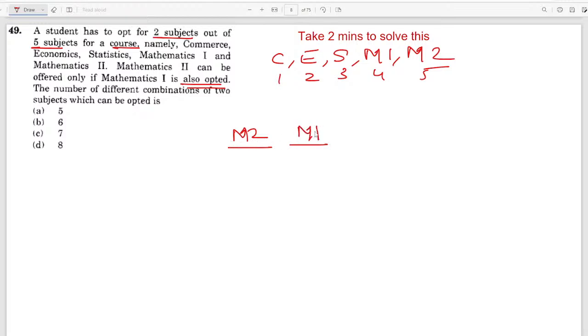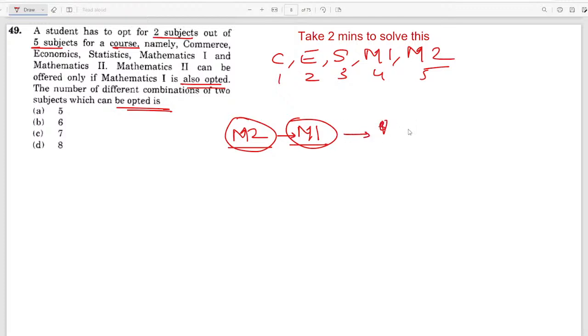So if there is M2, then there has to be M1. There cannot be any other subject that we can take. The question asks for the number of combinations of 2 subjects which can be opted. So if there is M2, there is only one subject that we can take, that is M1.